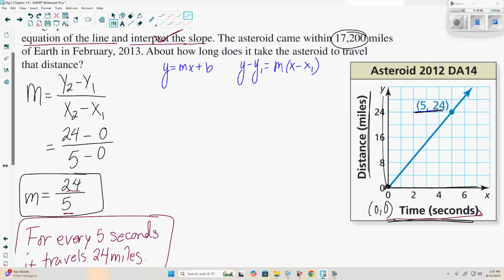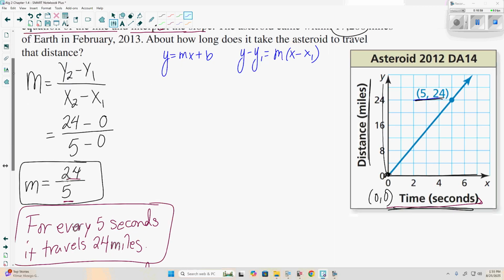So do we have that point? Do we have that y-intercept? Oh, yes. And that y-intercept is 0, 0. So we could use slope-intercept form because we do have the y-intercept. So b would be 0.